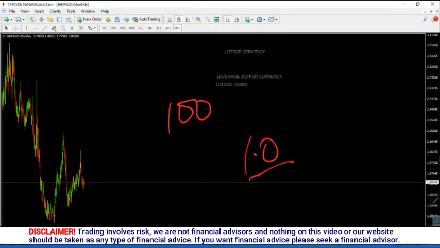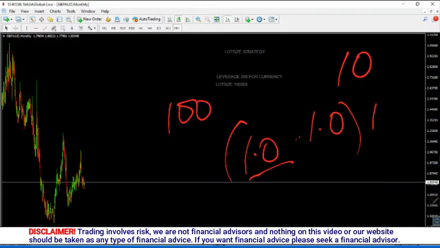It means that for any reason you add another position on this trade, you've already started using 10% of your equity. For any reason you add another position while these two are still running, you're going to be using 15% of your account size.